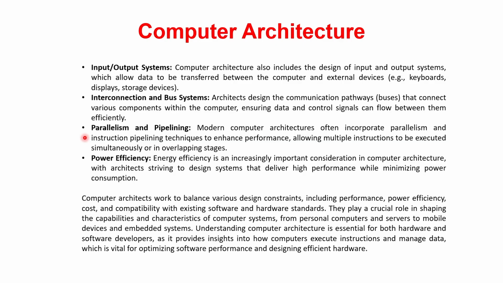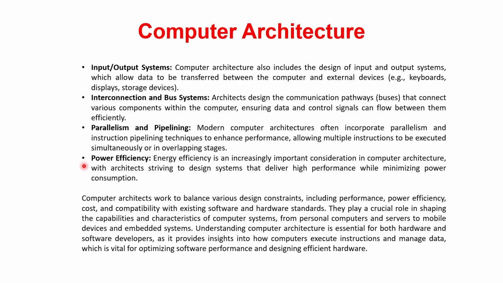Seventh is power efficiency. So energy efficiency is an increasingly important consideration in computer architecture. Architects strive to design systems that deliver high performance while minimizing power consumption, which is especially critical for mobile and embedded devices.